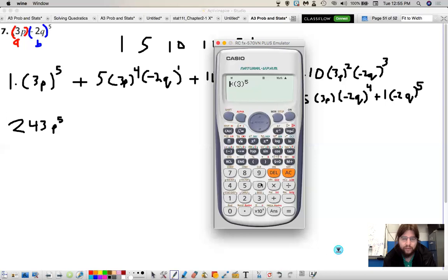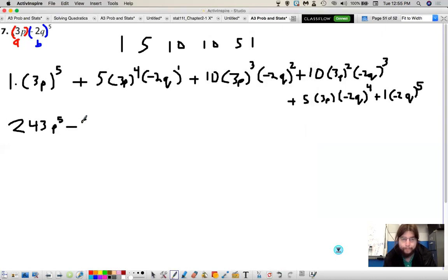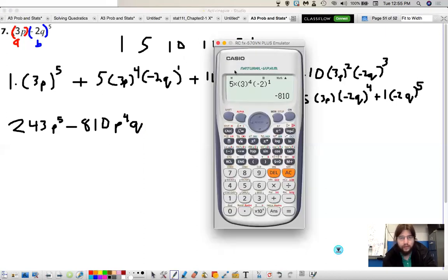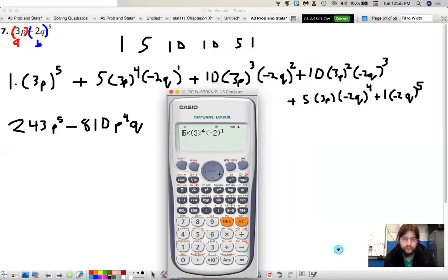We've got 5 here. We've got 3 to the 4th. And then we have negative 2 to the first. Negative 810. P goes down by 1. Q goes up by 1.